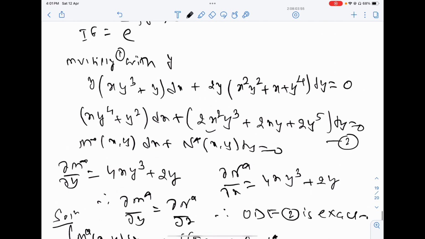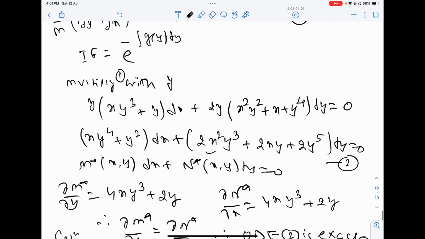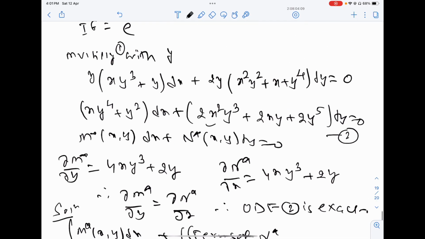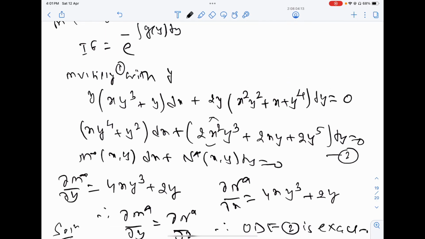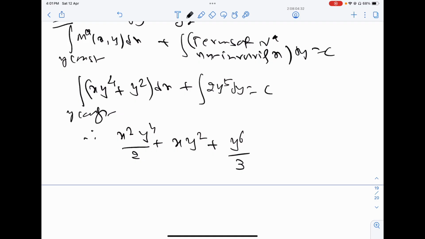So integration of xy power 4 plus y power 2 dx, y constant, terms of N star not involving x. So this term will not be there, this term will not be there, 2y power 5. So that is x square y power 4 by 2 plus xy square plus y power 6 by 6, but 2 is there, so by 3, equal to c. Thank you.